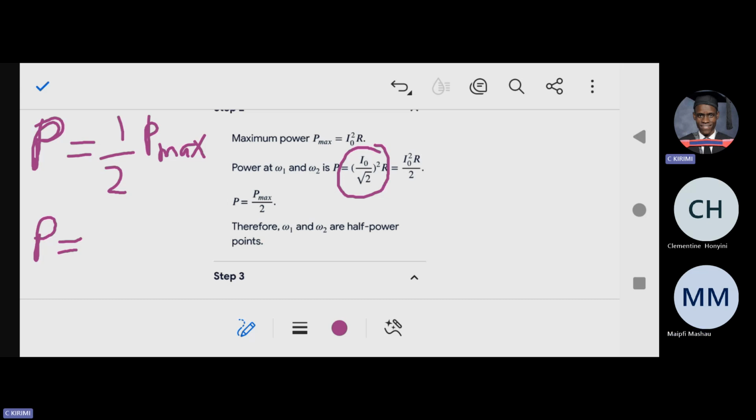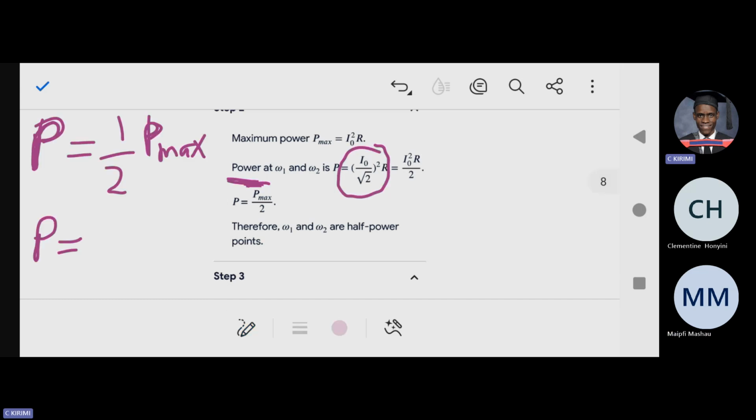Where did you get that power at W1 and W2? Didn't we get it from the question? That's what I was saying.